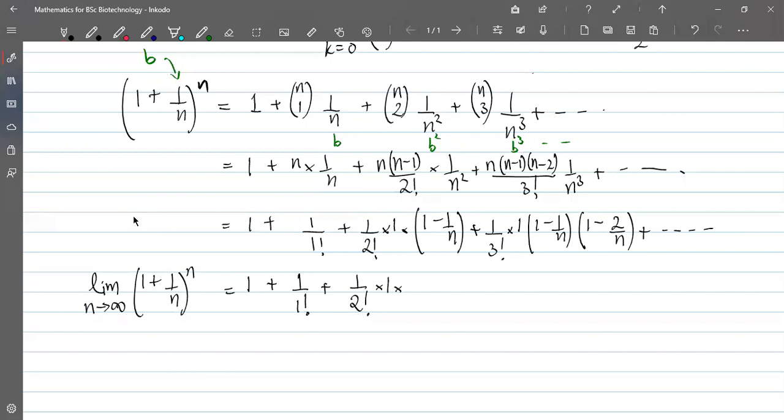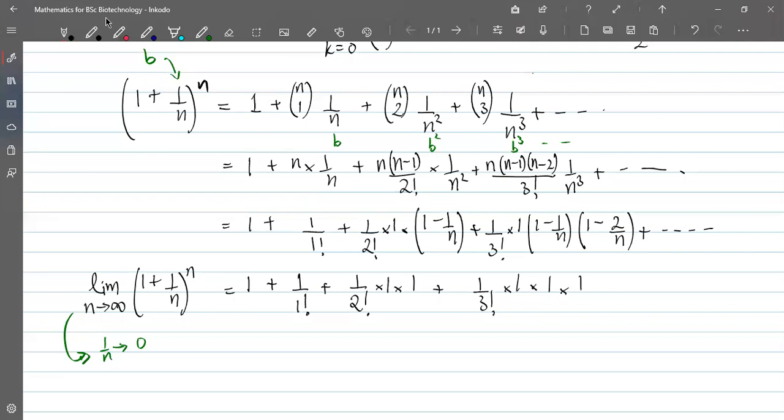Whereas over here you have 1 minus 1 by n. But n is approaching infinity. So as n approaches infinity, 1 by n approaches 0, right? So in every term, 1 by n is going to approach 0. So this bracket also becomes 1. Same thing here. You have 1 by 3 factorial, then 1, then again 1, again 1.